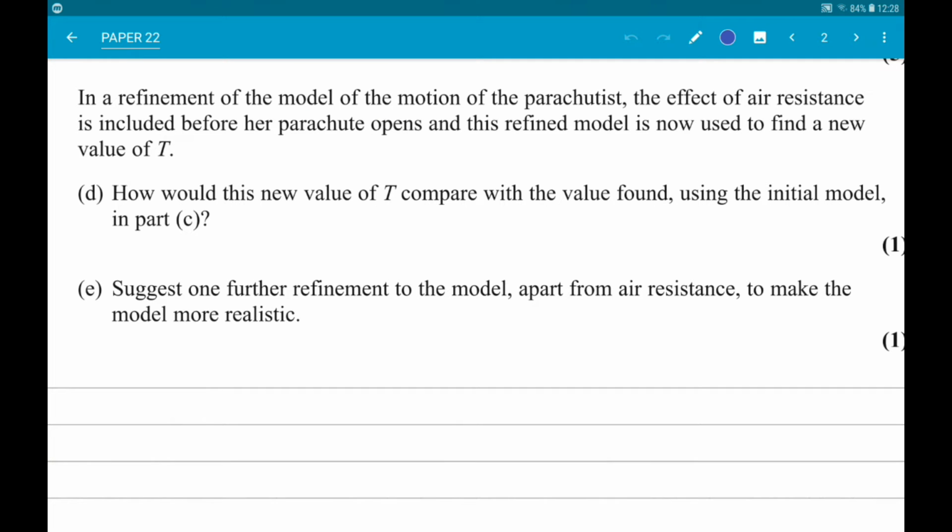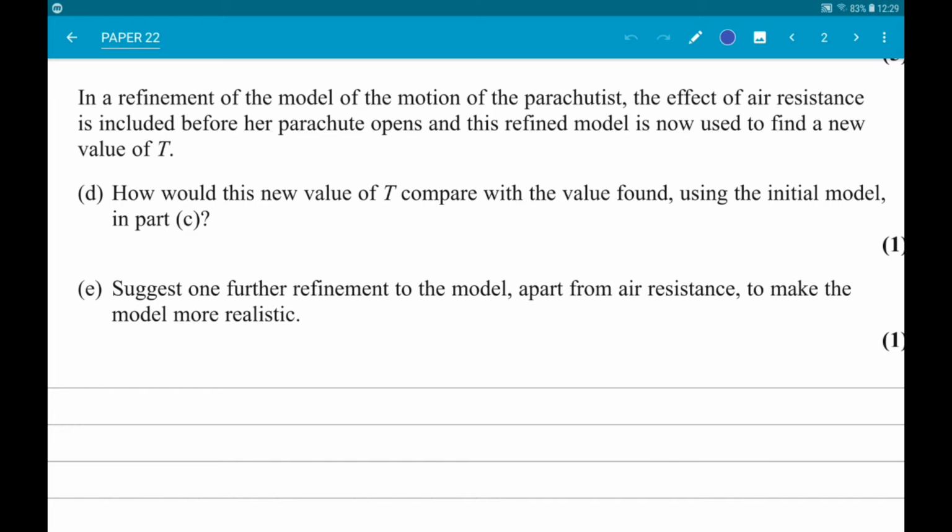In a refinement to the model, the effect of air resistance is now included before a parachute opens and a new value of T is calculated. Part D, how would this value of T compare with the one we just calculated?